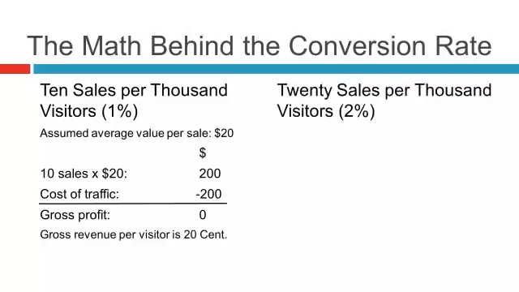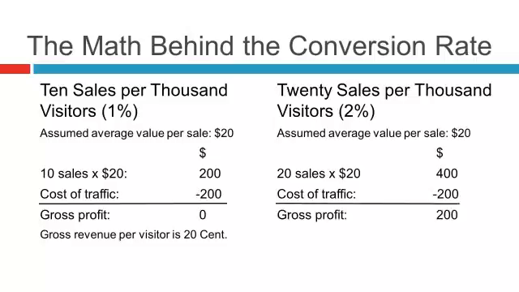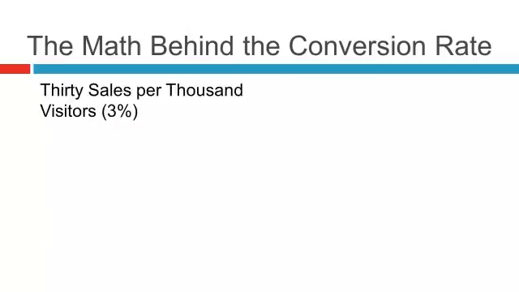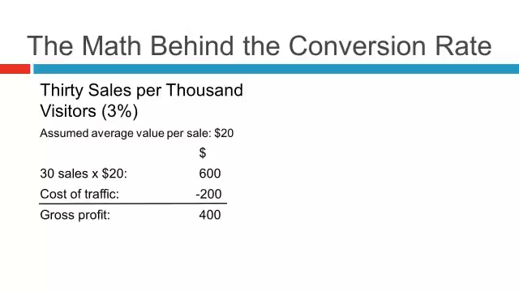Now with 2% conversion and still $20 per sale, you get $400 from 1,000 visitors. Cost of traffic $200, gross profit now $200, gross revenue 40 cents. With a 3% conversion rate and a value still of $20 per sale, you get $600 from 1,000 visitors, cost of traffic $200, gross profit $400, gross revenue per visitor is 60 cents.